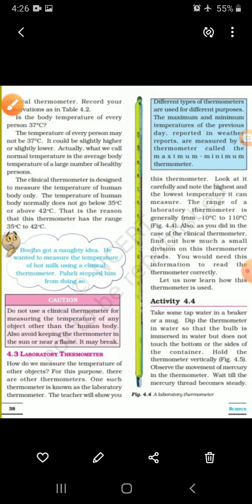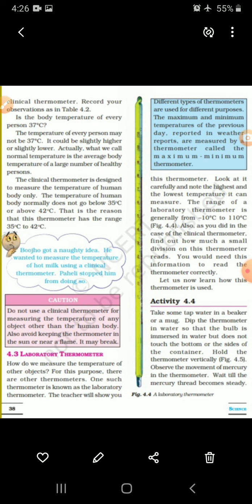You will find differences between every person. Some have exactly 37 degrees centigrade body temperature, some have slightly higher or slightly lower.